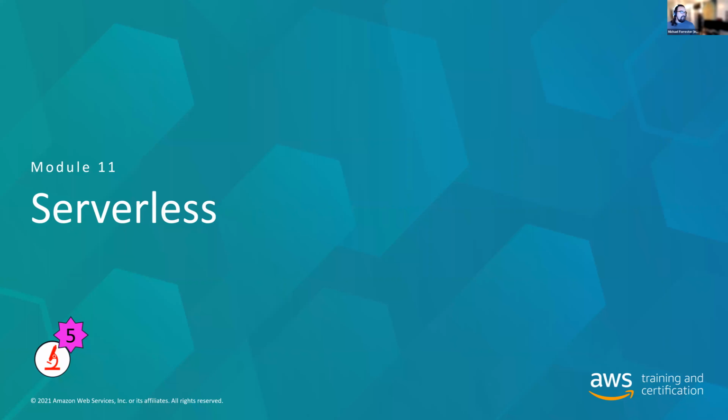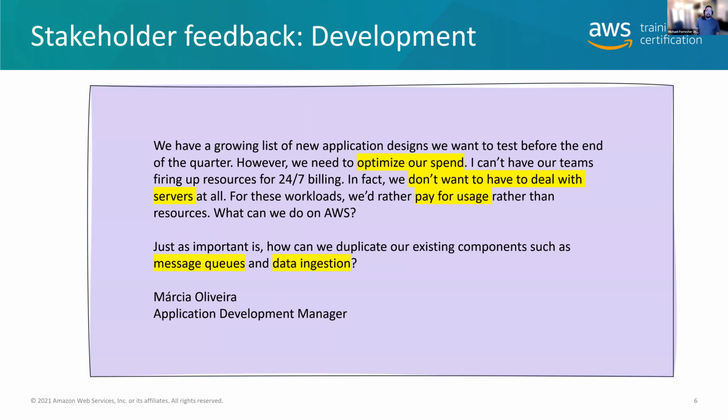All right, so then let's talk about serverless. Here's the deal. We want to optimize spend. We have a bunch of stuff running on virtual machine models that don't necessarily need to be in virtual machines because they're little one-off functions and executions. Plus, we don't want to deal with servers, and we're looking at event-driven architecture.